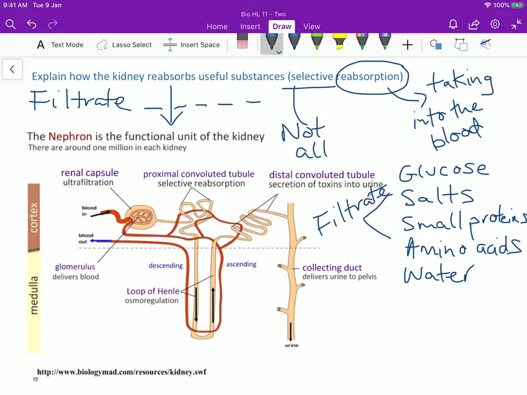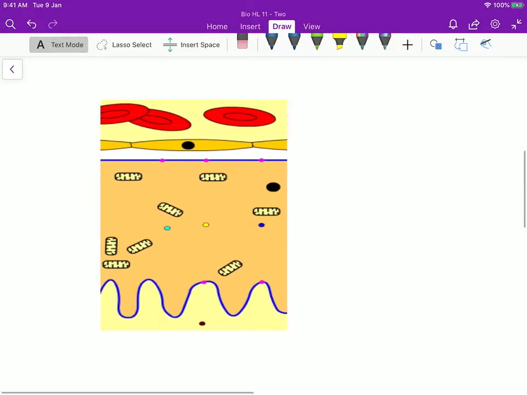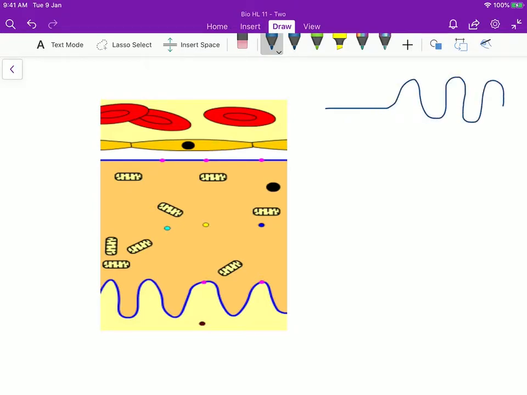And so the filtrate has left the renal capsule and it's starting to go down into the proximal convoluted tubule. So here we are, and we are taking a section. This whole diagram is showing us a section of this convoluted tubule, which is then going to run down into the loop of Henle.